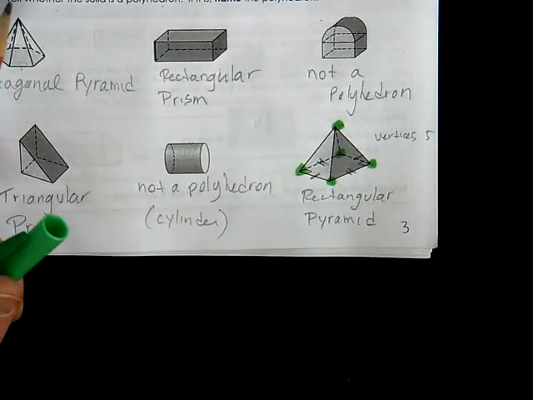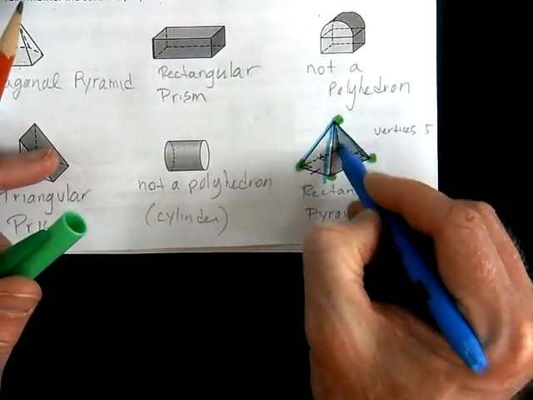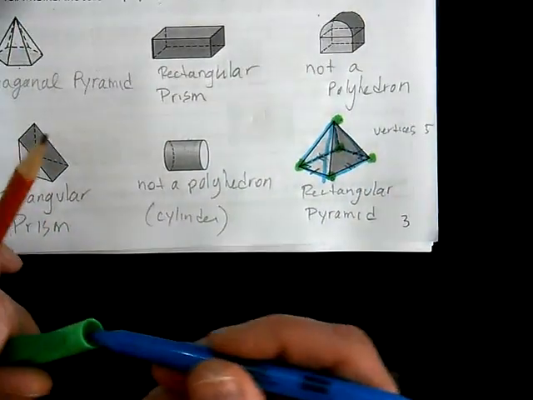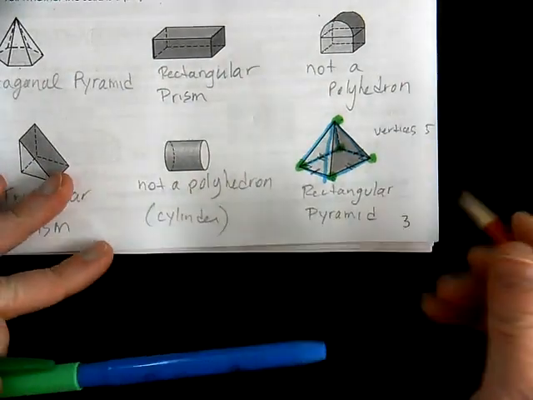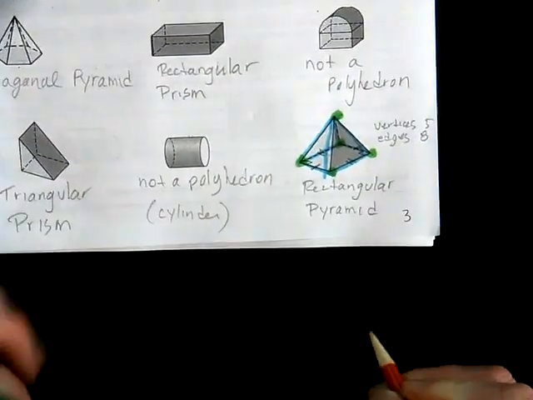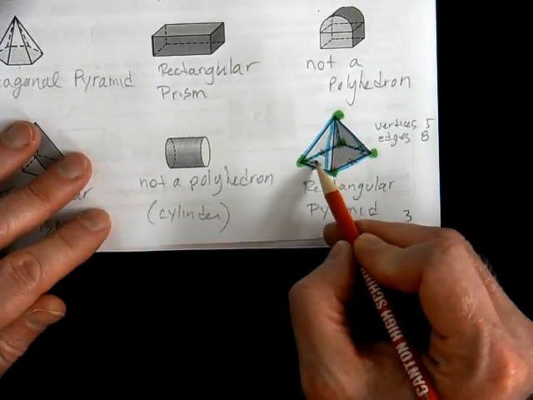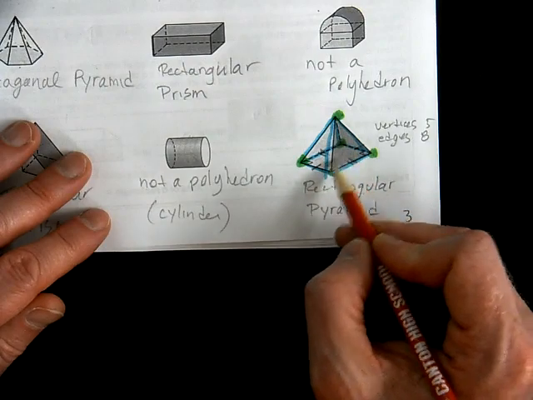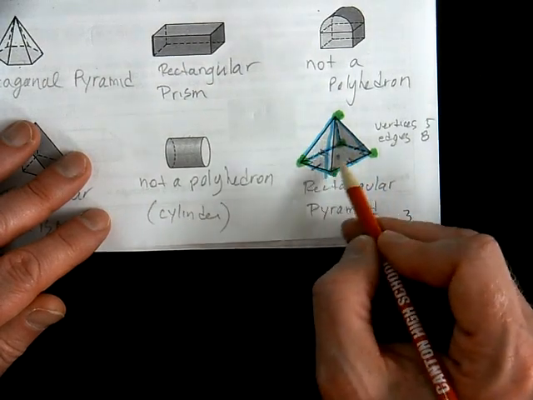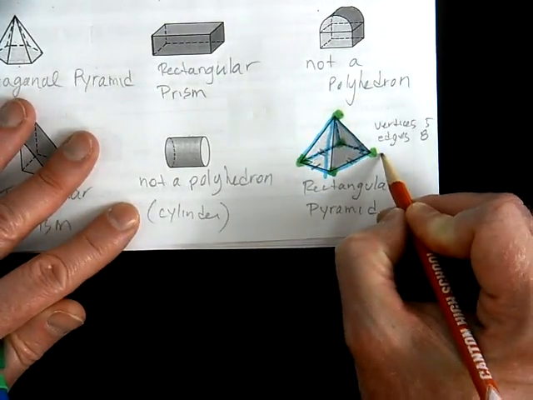The edges would be 1, 2, 3, 4, 5, 6, 7, 8. There are 8 edges. The faces, there's one on the bottom, the rectangle that's on the bottom, plus there's the 4 triangles that make up the sides, so that's 5 faces.